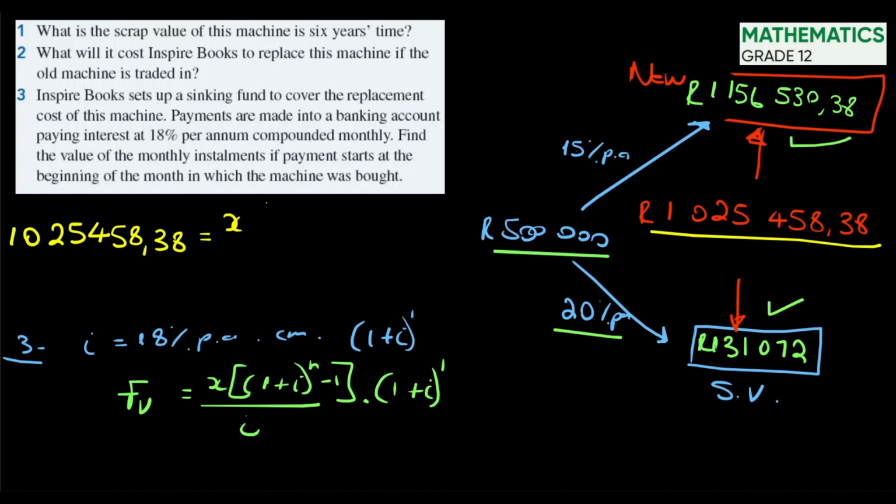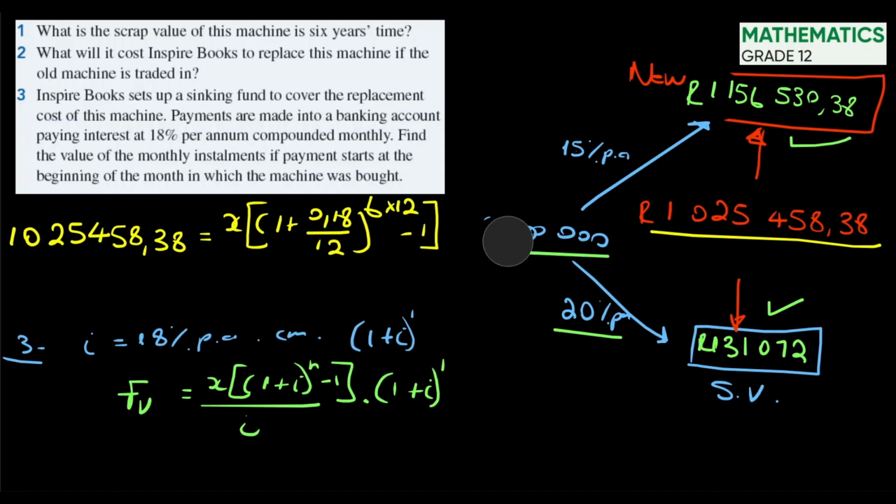We're looking for the monthly installments. 1 plus the interest, which is 18% divided by 100, gives us 0.18 compounded monthly, to the power of... And how many years is this replacement cost going to happen? It's after 6 years, right? Same as the inflation rate and the depreciation rate, minus 1.